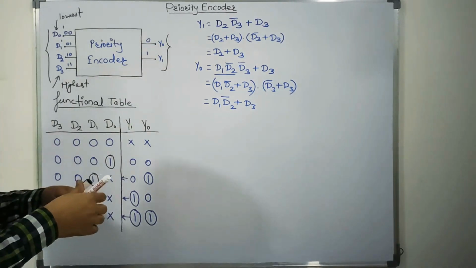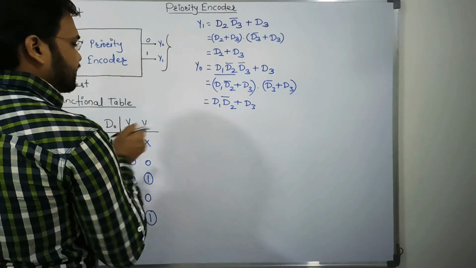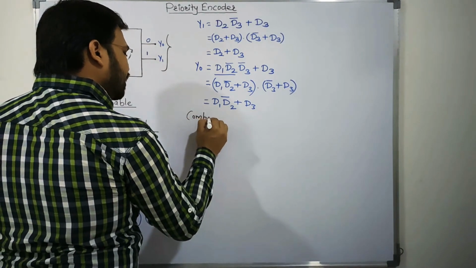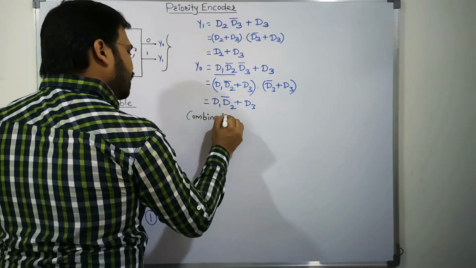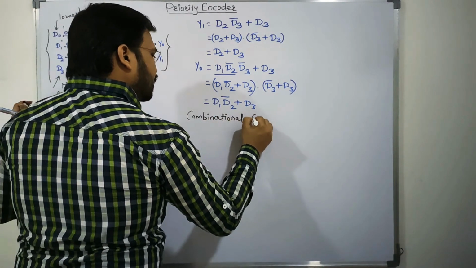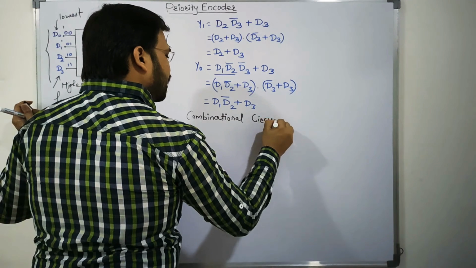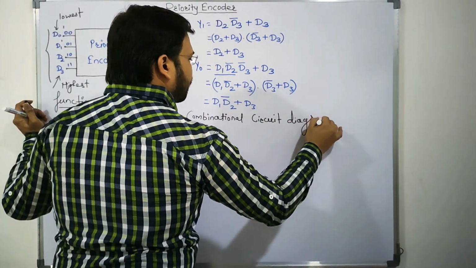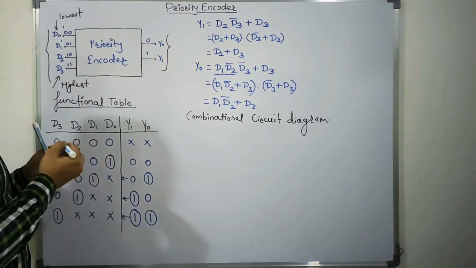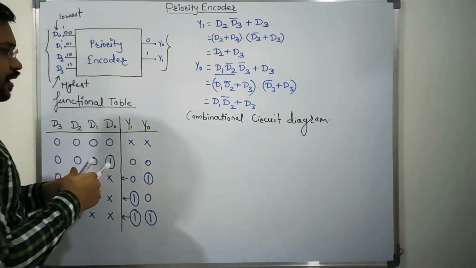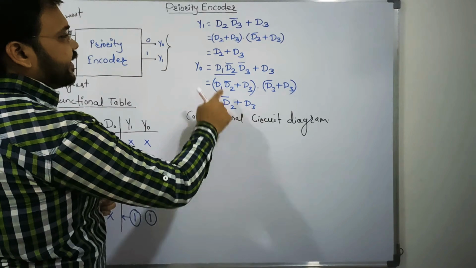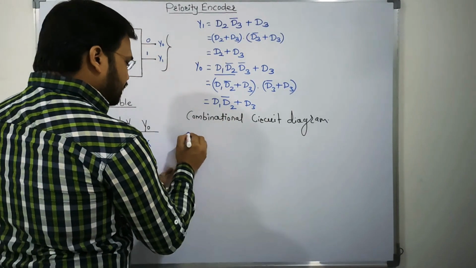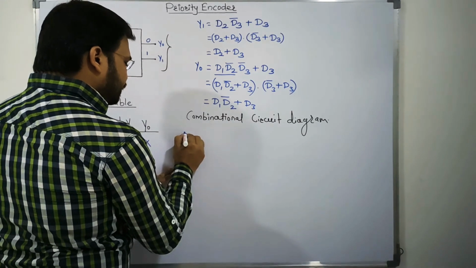Next, the implementation of the combinational circuit diagram. We have to draw the same. We have D1, D2 bar and D3 bar. First of all, we draw the term D1.